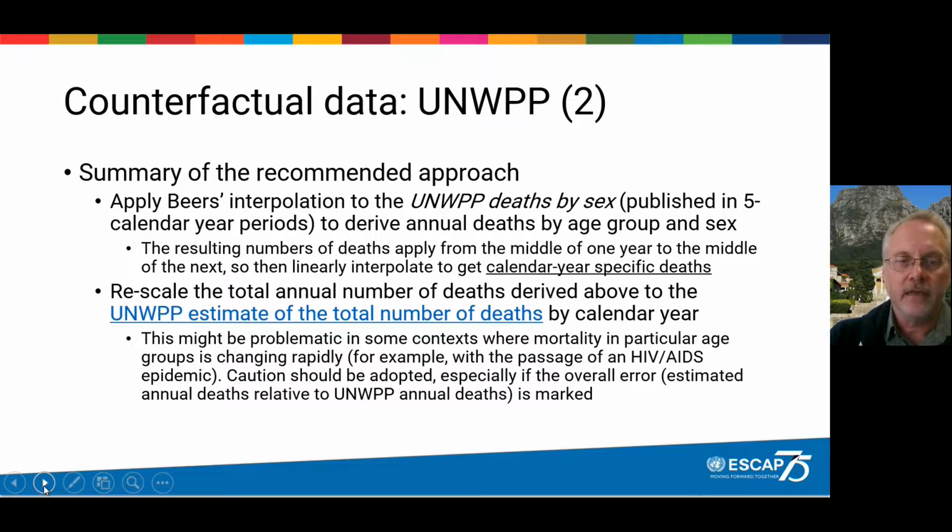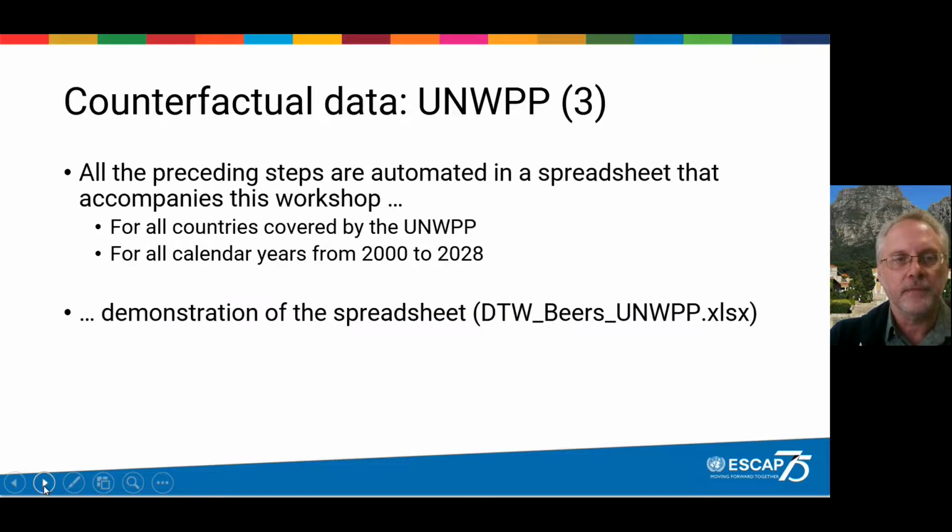However, it should be noted that this approach of rescaling might be problematic in some contexts where mortality in particular age groups is changing rapidly, for example, with the passage of an HIV/AIDS epidemic. Caution should therefore be adopted, especially if the overall error is marked, where we define that error to be the estimated annual deaths, which we have derived relative to the UNWPP annual deaths. And we'll be looking at this when we explore it in the spreadsheet, which accompanies this training workshop.